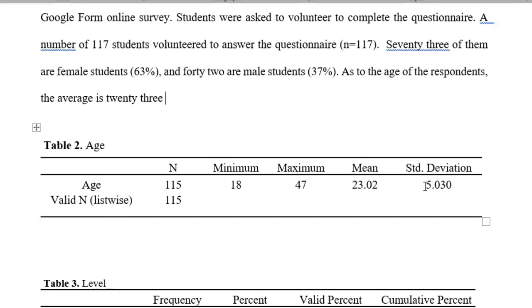Since the unit here is the year, standard deviation means how consistently one student differs from the other student in terms of age. So I'm going to say with a standard deviation of 5 years. I'm going to put it in terms of an equation.